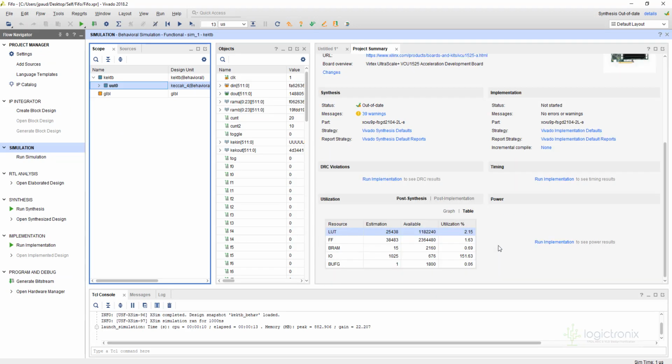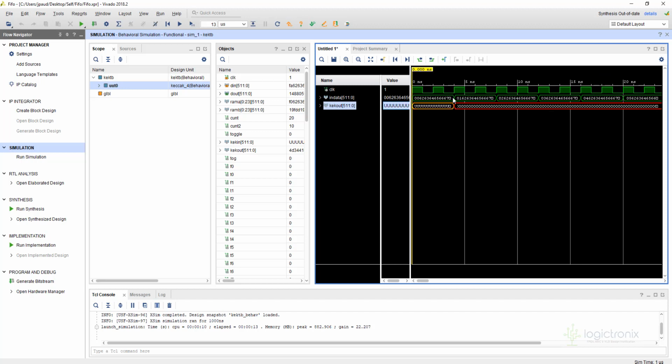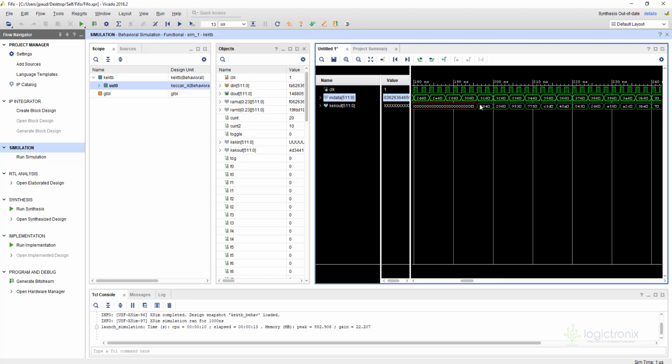If we can get half the throughput with half the area, that's a very good design. That's great. It's occupying only 2% area, and in the simulation result we can see we can give input every 2 clock cycles and we are getting output every 2 clock cycles.